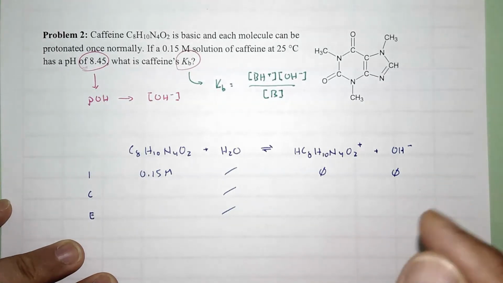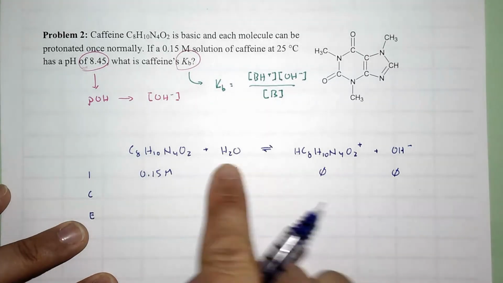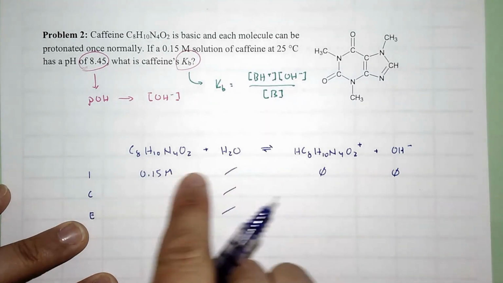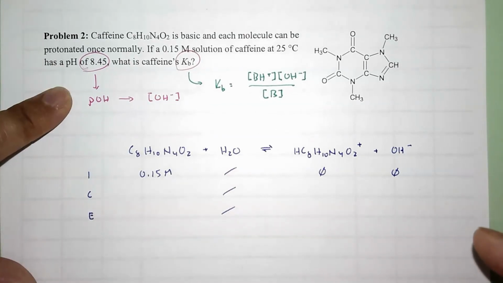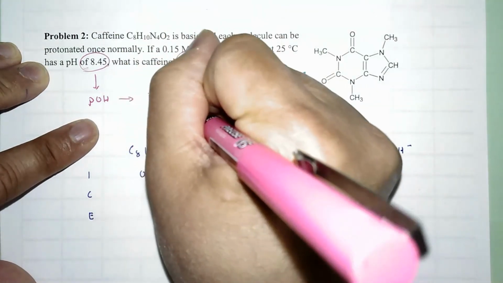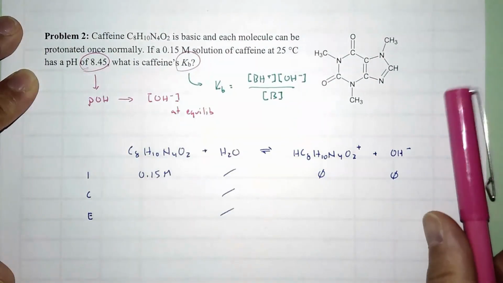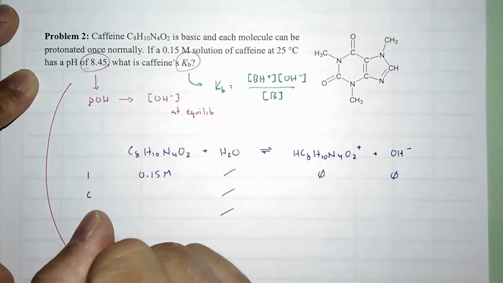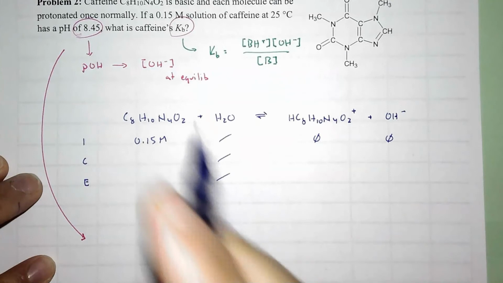So normally, when you set up an ICE table, you're solving for the equilibrium concentration of one or all of the components. But the thing is, we know the equilibrium concentration of OH minus already, because we could get it from the pH. So let me do that first. Let's get something that we know for sure.